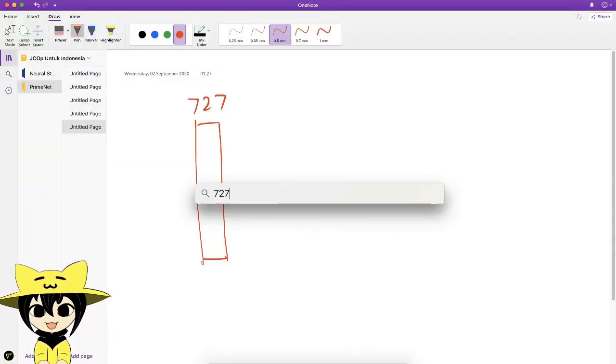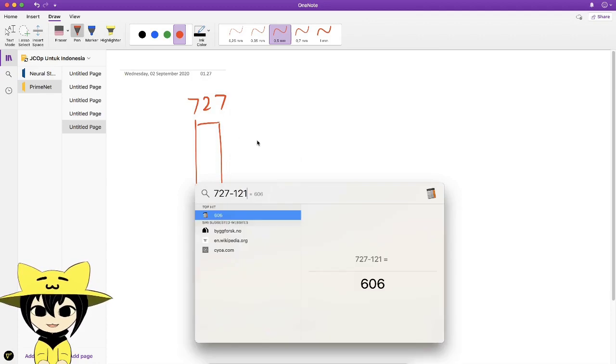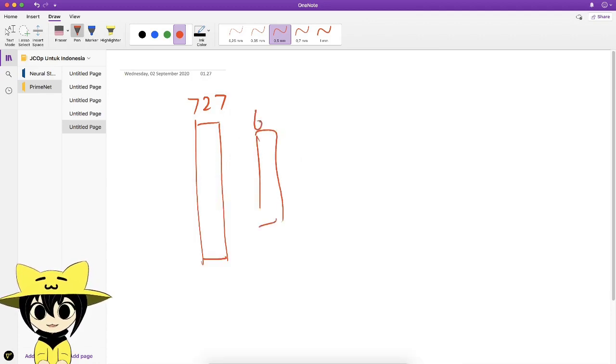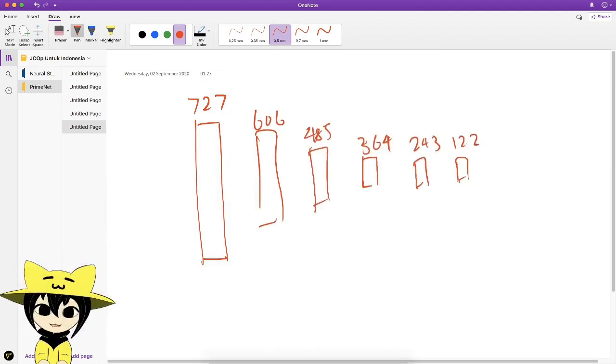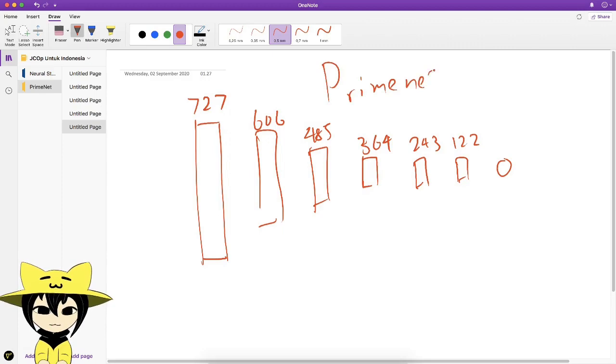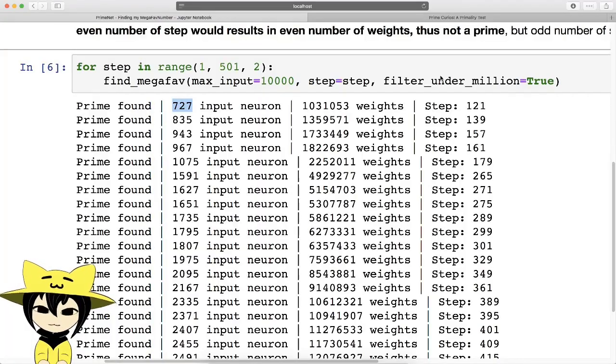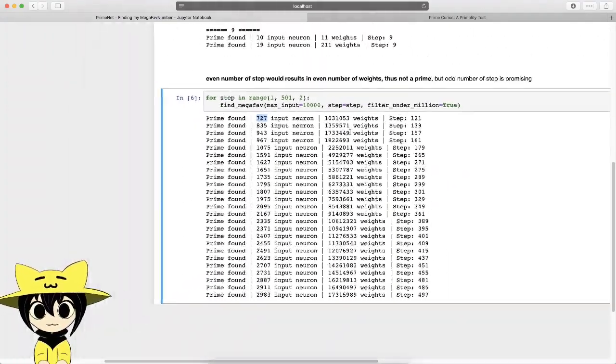So 121, 606, 122, and finally 1 neuron. So this is the PrimeNet, which finally results in my favorite, my mega fave number of 1,031,053. So that's it. That's my mega fave number, and I hope you like it.